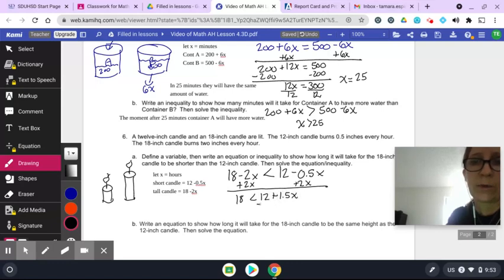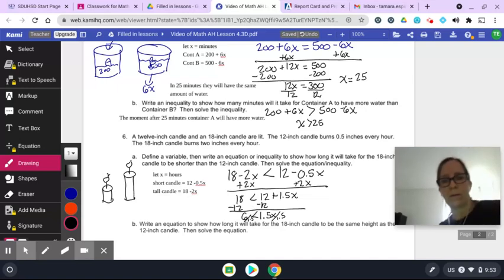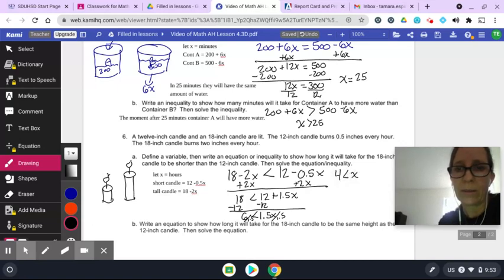Then I'm going to subtract 12. I get 6 is less than 1.5x. Then I have to divide by 1.5. I get 4 is less than x, also known as x is greater than 4.